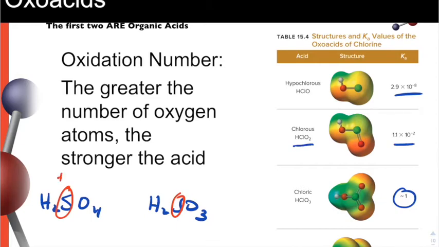But in this case, it's +6, and this is +4 here. So the greater the positive charge, the more it stabilizes each of the oxygens. Another way to look at it is that the greater number of oxygens helps to stabilize the anion that's produced in solution.